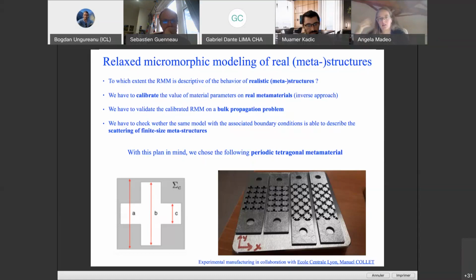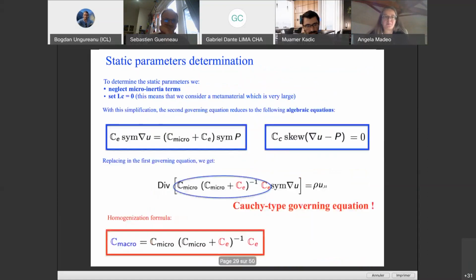And then we need, again, an independent experiment on the reflection and transmission, and see whether our model also fits the reflection-transmission problem.